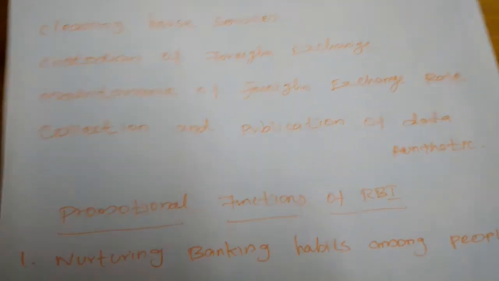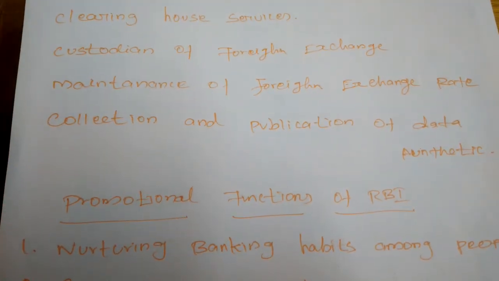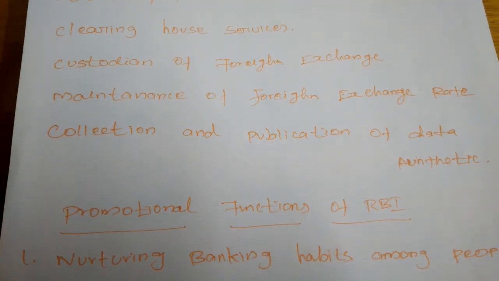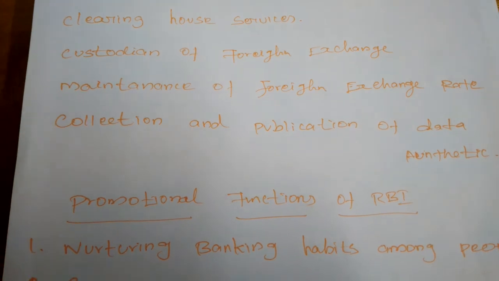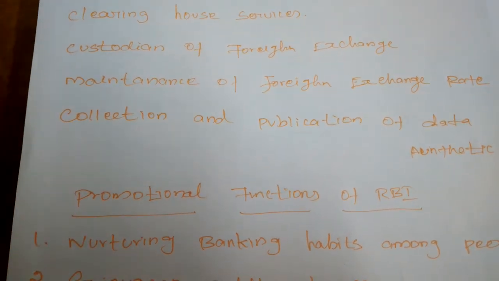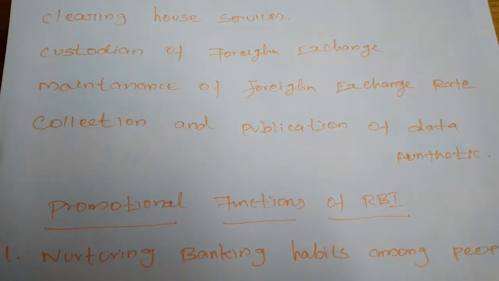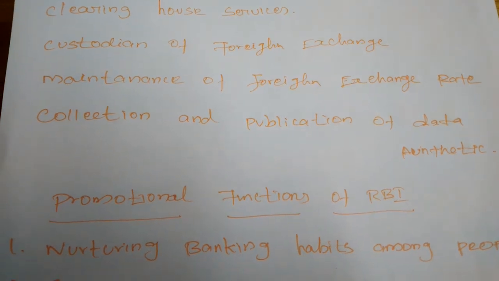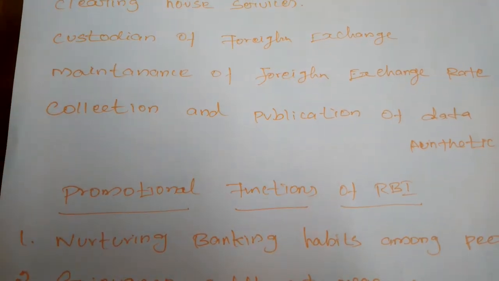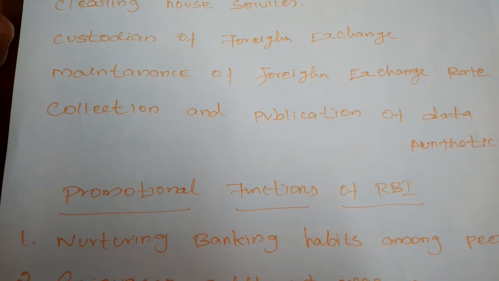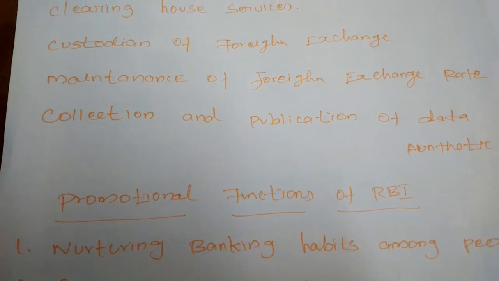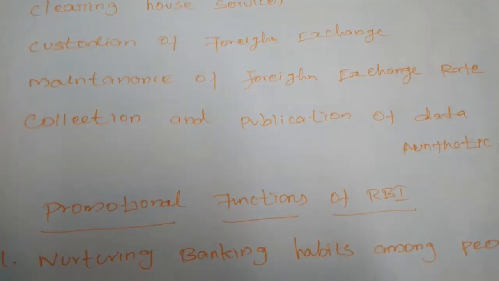On behalf of the banks and the nation, the statistical information and data is collected by the Reserve Bank of India only. The RBI's monthly bulletin, annual report and various committee reports contain treasures of authentic data.